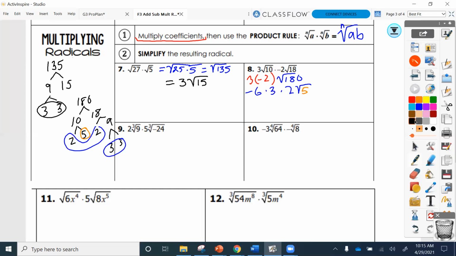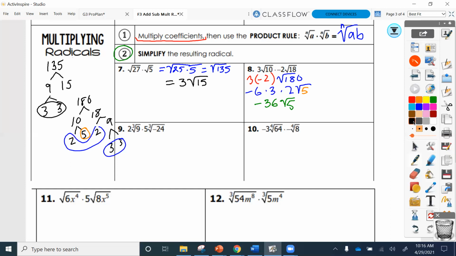And then we just simplify from there. So we have negative, let's see, 18 times 2 is 36, negative 36 root 5 is your final answer.